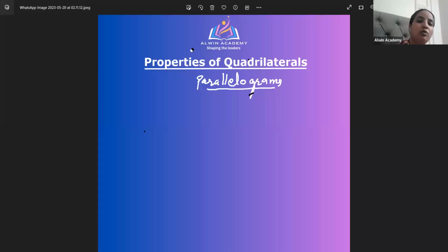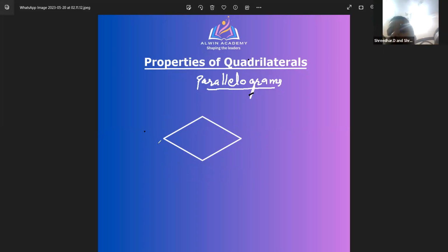Before I go to the next type of parallelogram, let's do it with this parallelogram that we have. This is one parallelogram that we are having right now. So now I'm naming this as, ma'am, PQRS?